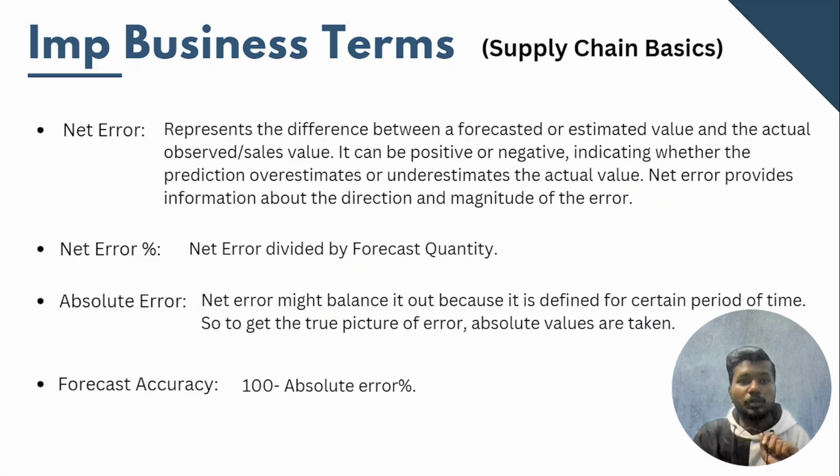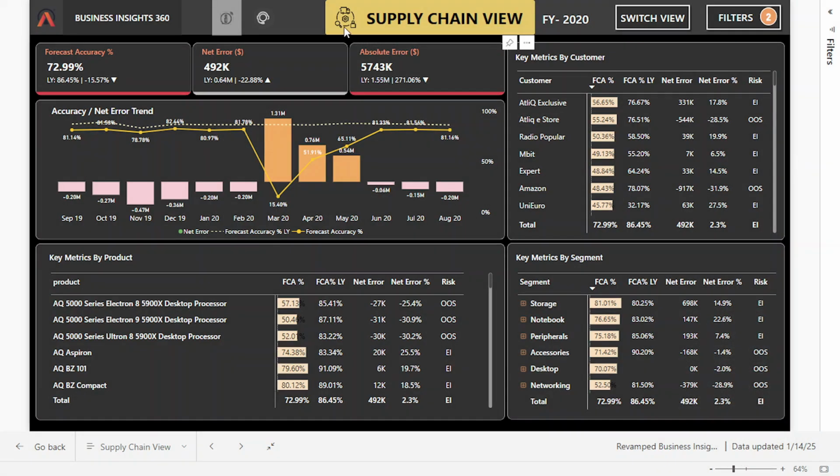Now we are good to go and see the supply chain dashboard. First thing we see, all these metrics, forecast accuracy percentage, net error, and absolute error, being displayed as KPI cards, comparing against last year's numbers with year-over-year change. Again, if it is negative, the accent bar changes to red color.